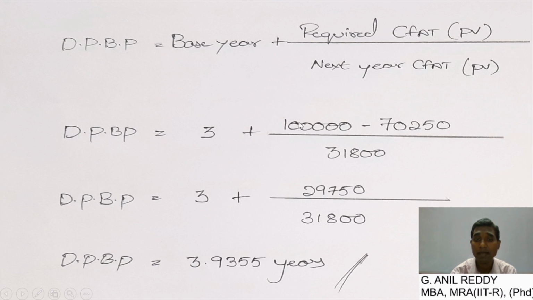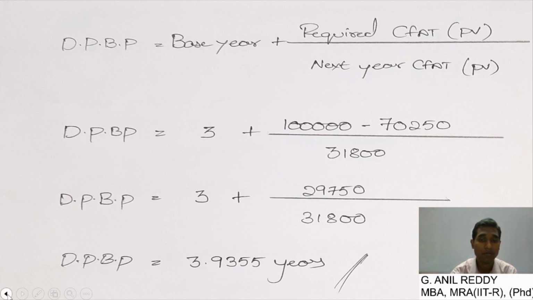So I have invested 1 lakh, but recovered only 70,250. How much is still required to be recovered? 29,750. That is how you find the required CFAT: CO minus the amount recovered till the end of the base year gives you the required CFAT present value.